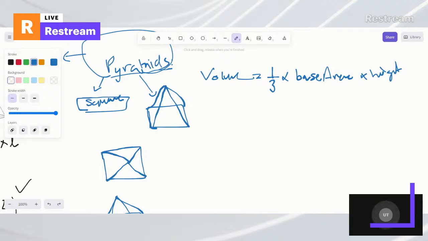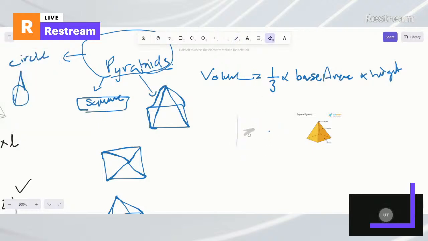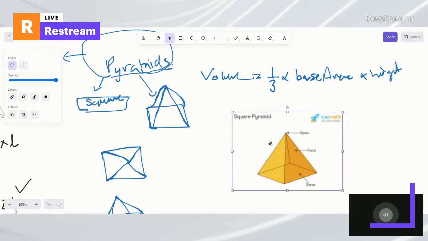Now if we talk about a square base pyramid first, let me just get a picture from the internet. This is a square base pyramid.